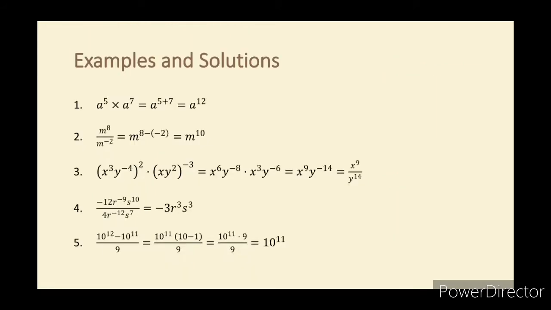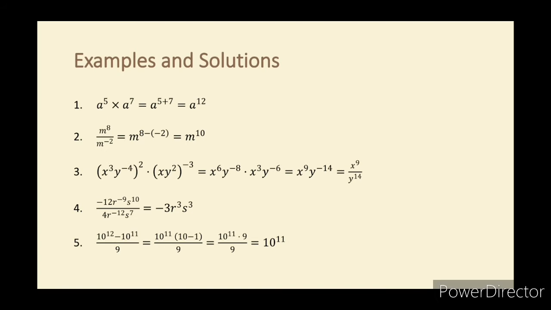Examples and solutions. Number 1. A to the power of 5 times a to the power of 7 equals a to the power of 5 plus 7 equals a to the power of 12. Number 2.